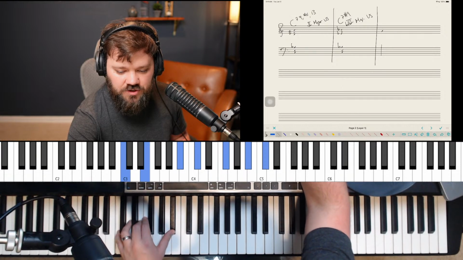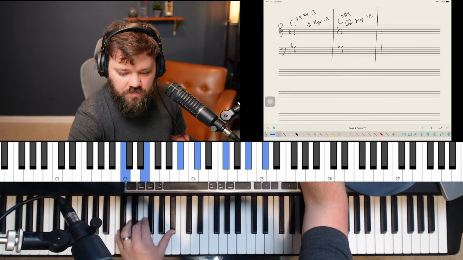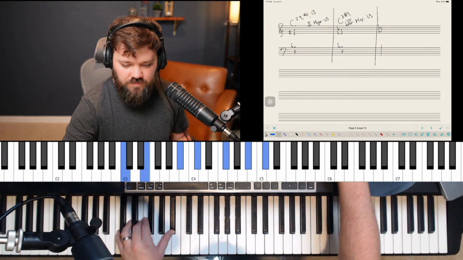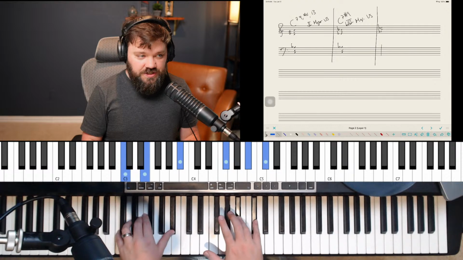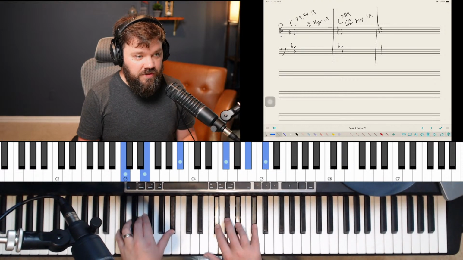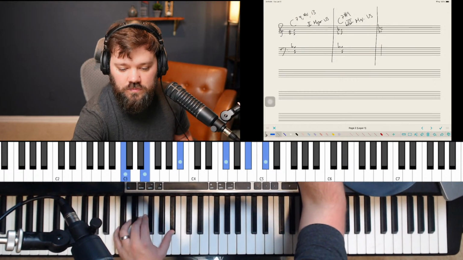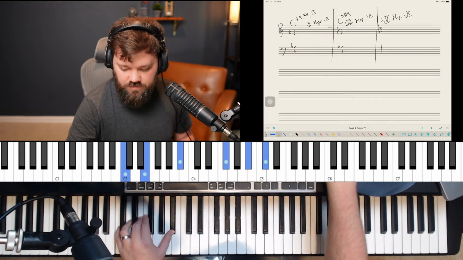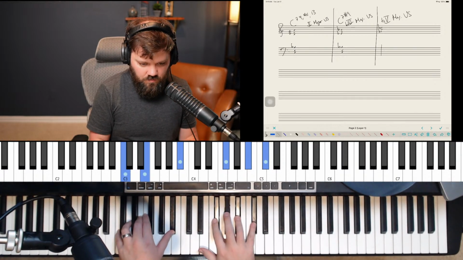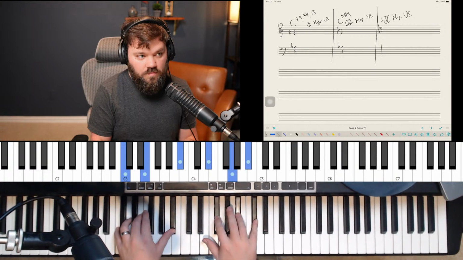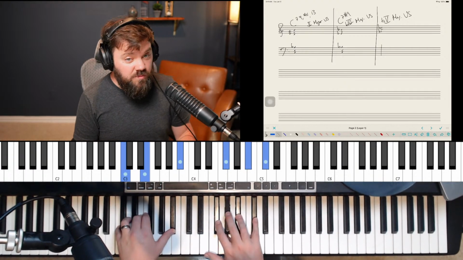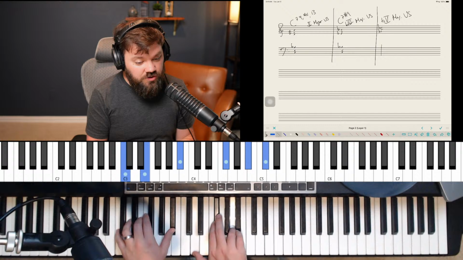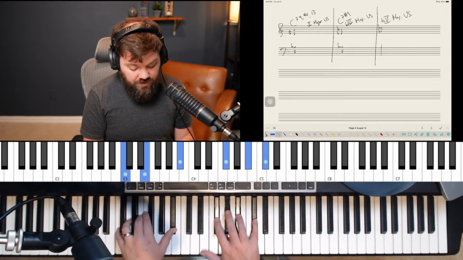We have G flat, and then B flat, and then D flat. So this is a sharp 11, and then a 7th, and then a flat 9. All right, so this is the flat 5 major upper structure. Right, especially when you play them together like that. These are the ones that we have so far: 2, 3, and flat 5.